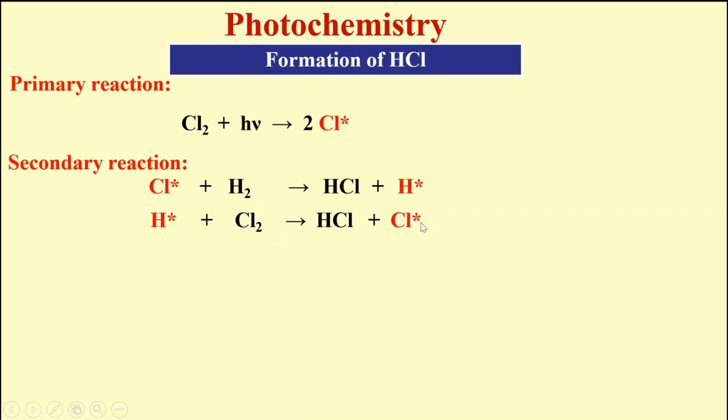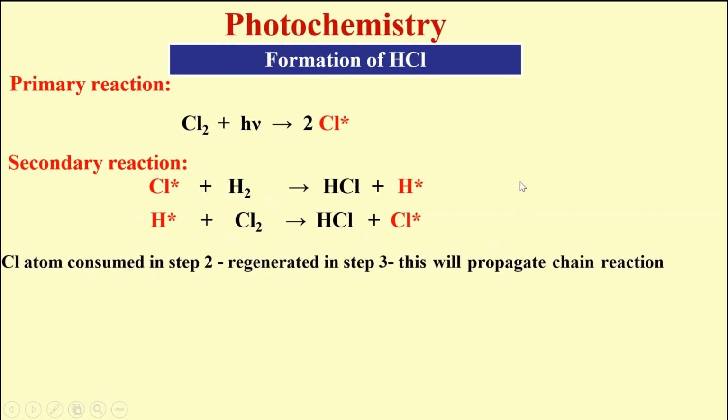The chlorine radical which is formed reacts with hydrogen to give a hydrogen radical. The hydrogen radical reacts with chlorine to give rise to a chlorine radical, and the process continues, and this is chain propagation. The propagation of the reaction takes place. When all the hydrogen gets completed, the chlorine does not have any option.